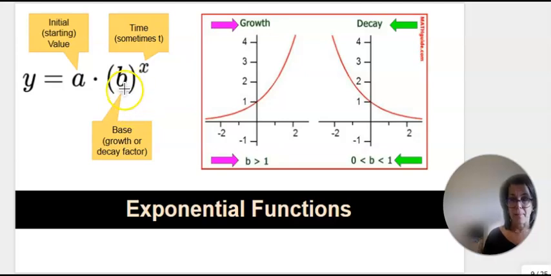That b, the base, is your growth or decay factor, and it's your clue. If the value of b is bigger than 1, you see it right here? That tells you that this is a growth function, even without graphing it. If the value of b is between 0 and 1, so a decimal or fraction that's between 0 and 1, then it is a decay function.